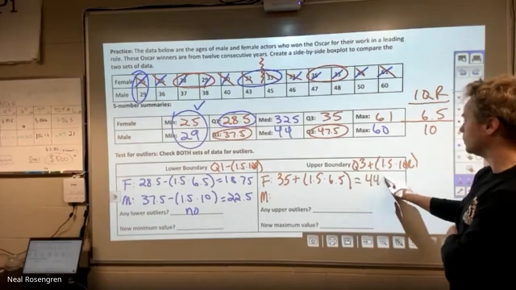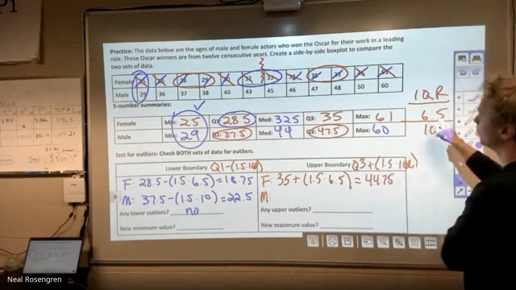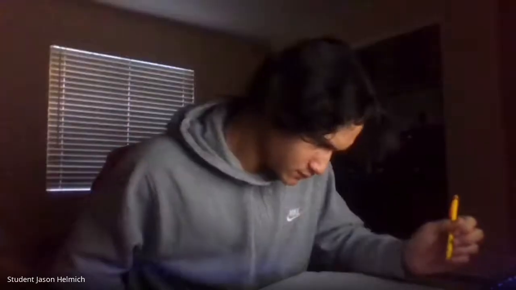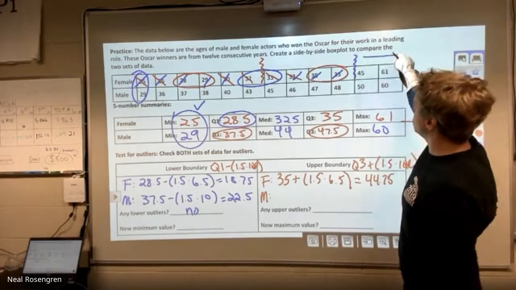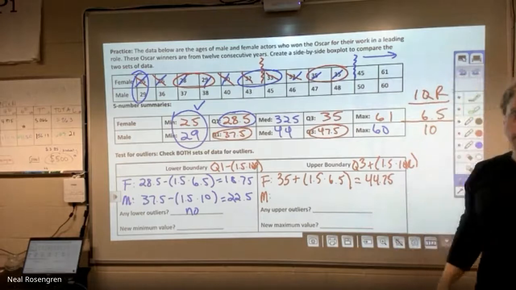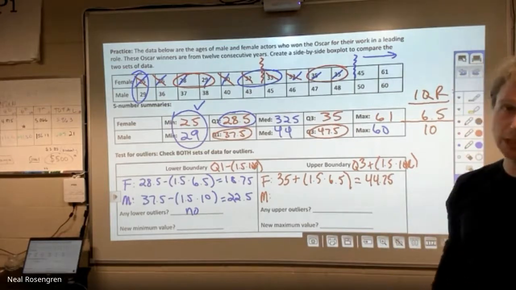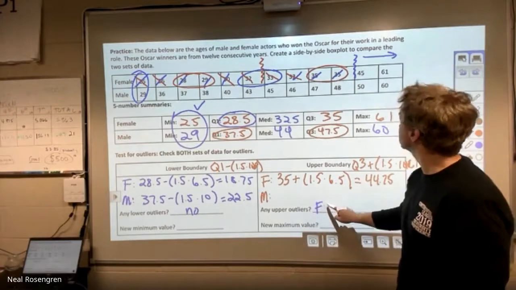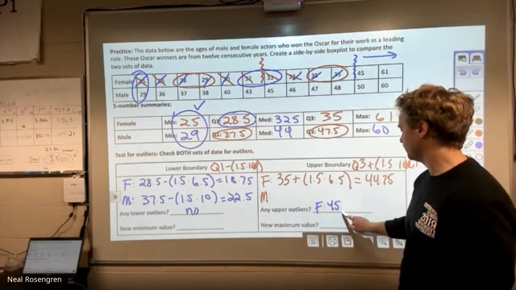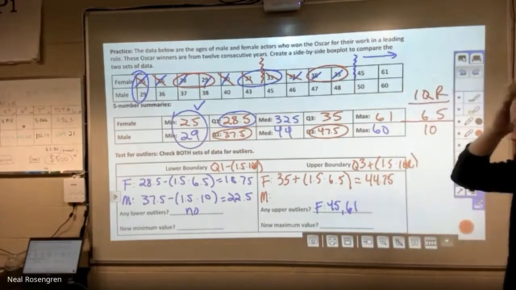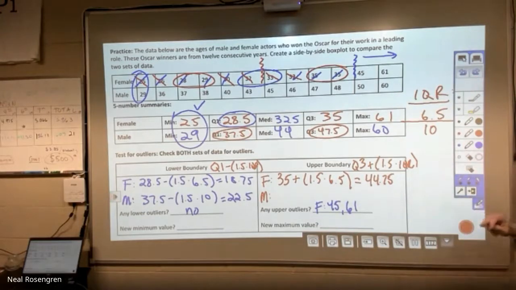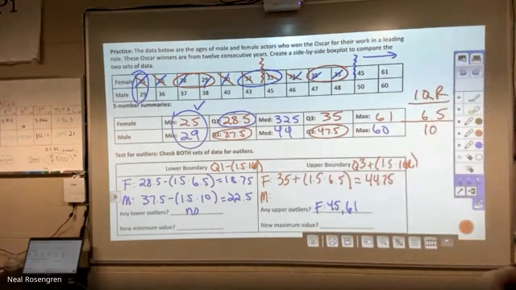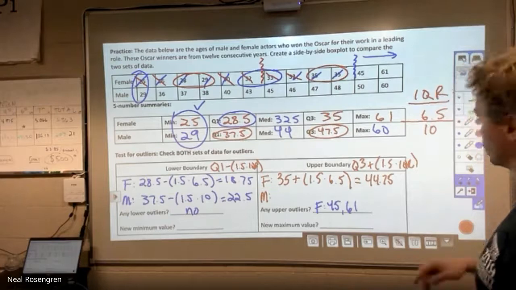Okay. Do we have any actors whose ages are bigger than that? Yes, we do, right? So we've got two outliers up here: the person that was 45 and the person that was 61. So for females, yes, upper outliers, 45 and 61. When we draw that box plot, we'll have X's at those two spots, or asterisks, or whatever you want to draw. Let's do it again for males.